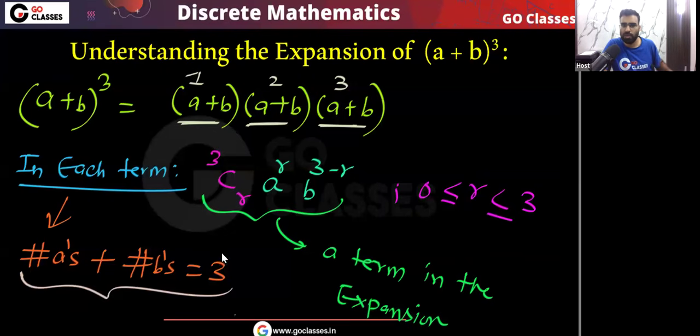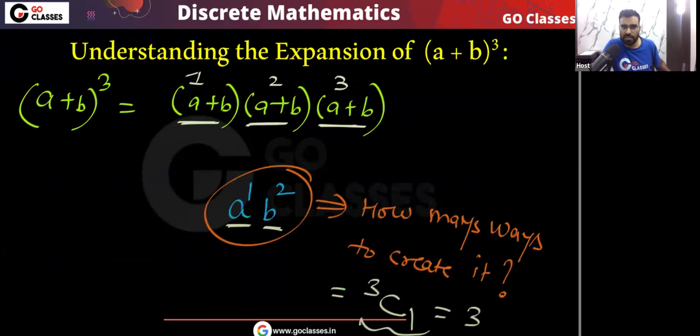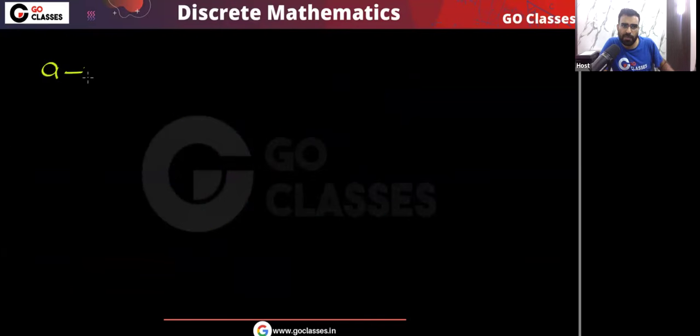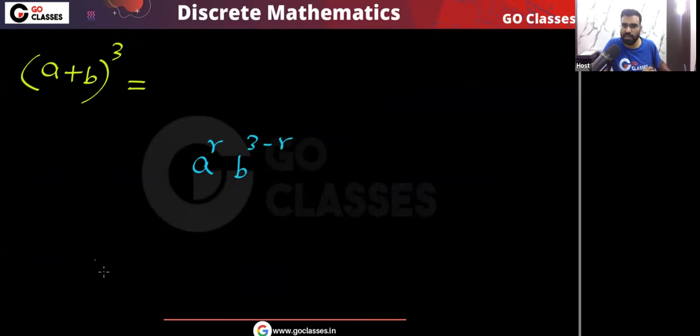So now you can easily see that A plus B power 3 will be equal to what? In the expansion, this is a term that you are getting, A power R, then B power 3 minus R, which you already know, because the number of A's plus the number of B's in every term will be equal to 3.